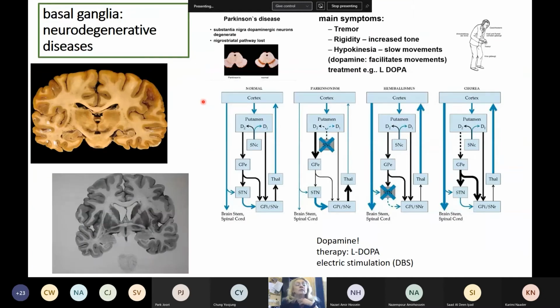Okay, let's go to the brain and macroscopical pictures that you can be asked in the exam. For example, these are all from our previous lectures, basal ganglia.